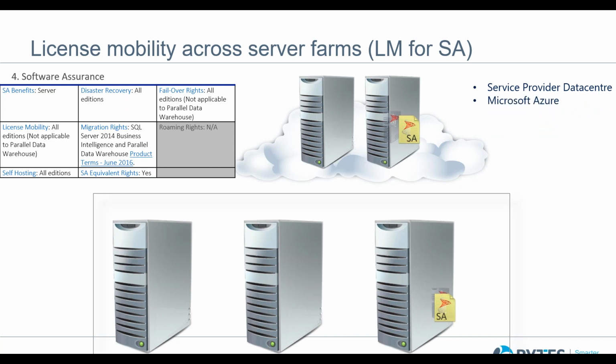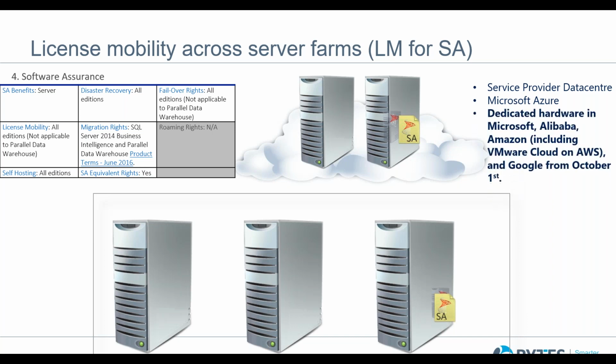It will allow you to move it to Microsoft Azure as infrastructure as a service, and also the hybrid benefit piece. And then it can also go on dedicated hardware in other third parties, so Alibaba, AWS, Google Cloud, etc. So it must be on dedicated hosts if it's going to those, unless it's Microsoft Azure.